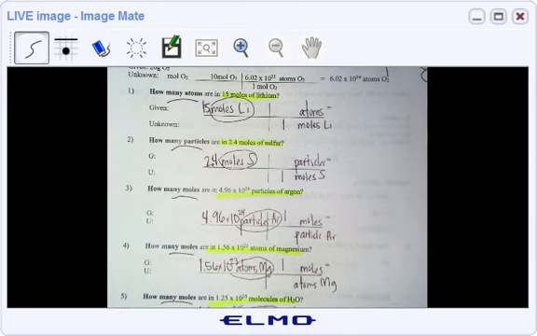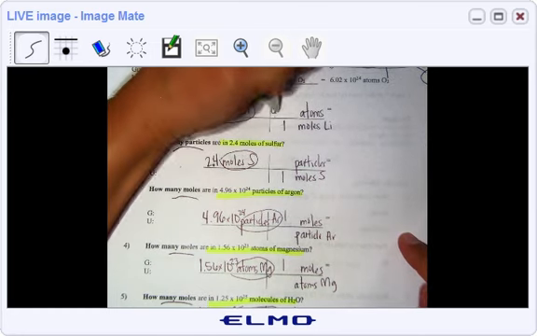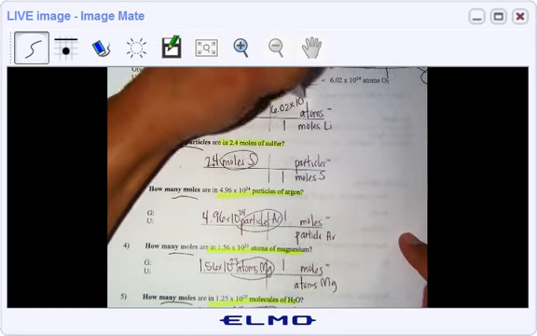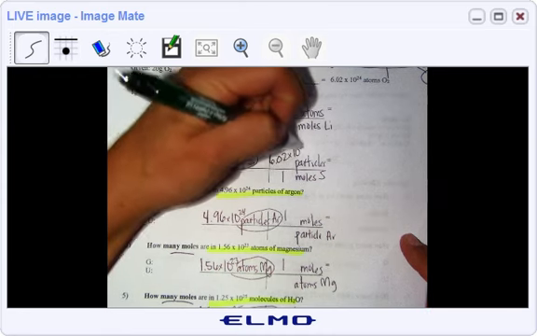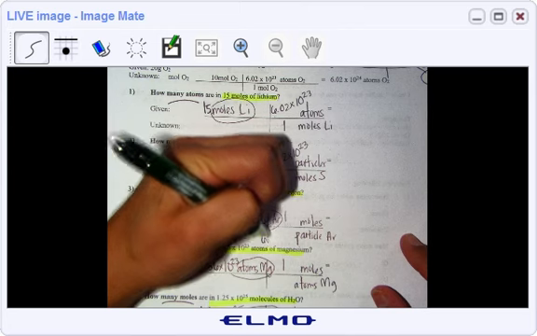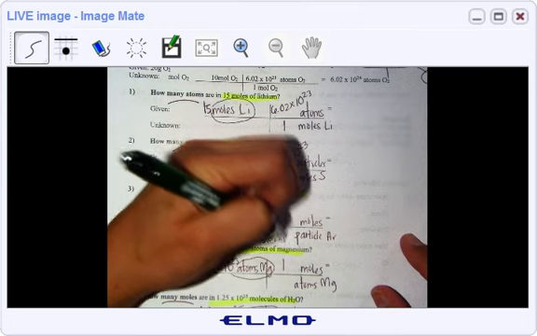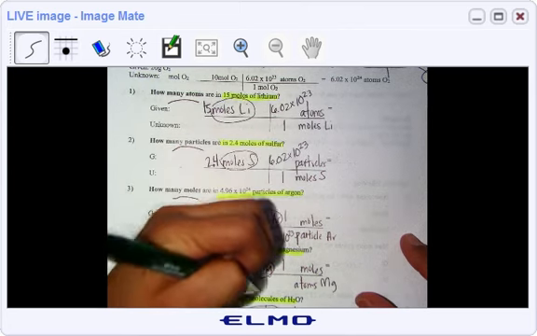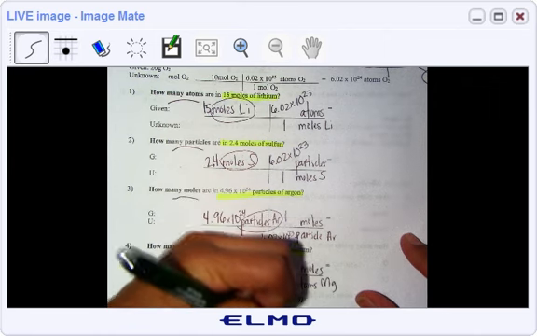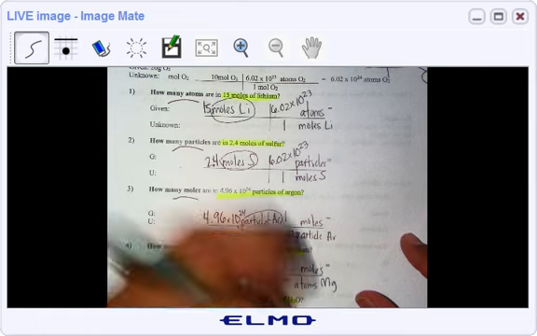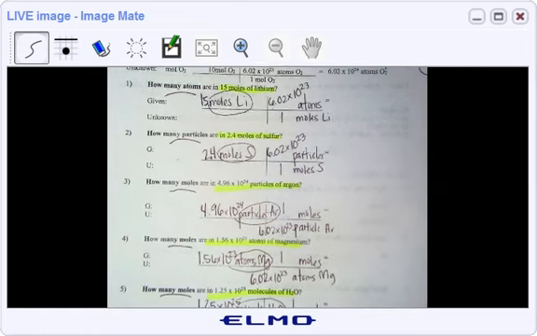So what number is going to go in every single one of those blanks? Avogadro's number. And now we just calculate.